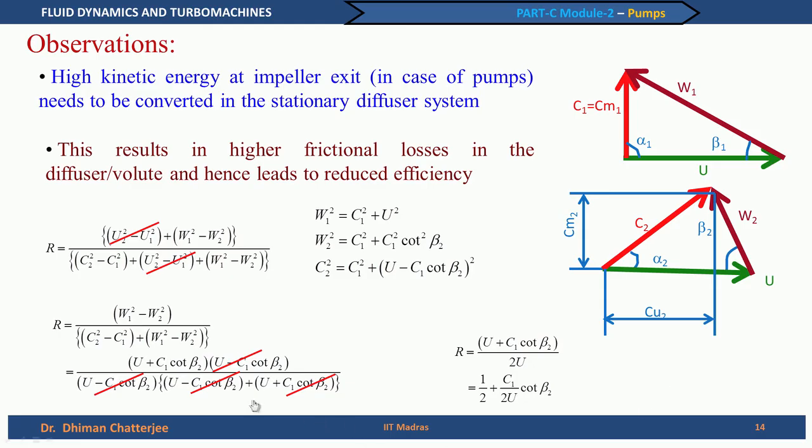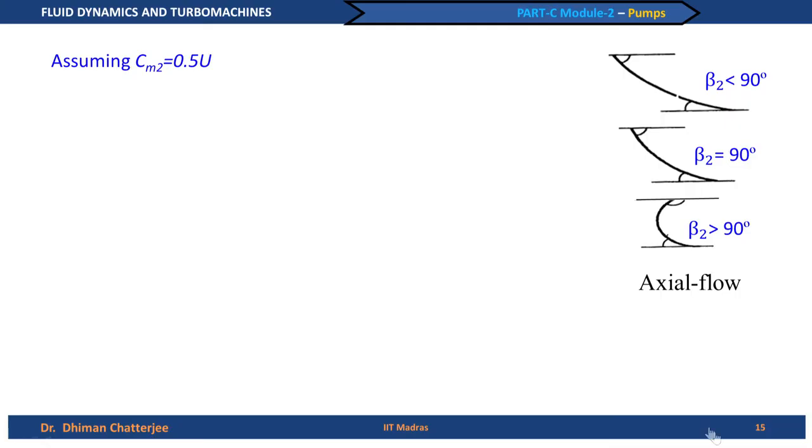You can verify it yourself that the term C1 cot beta 2 gets cancelled and you have 2U in the denominator and U plus C1 cot beta 2, or we can simplify it and write it in terms of half plus C1 by 2U cot beta 2.